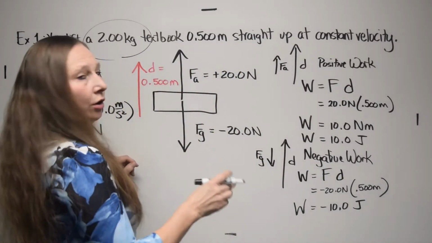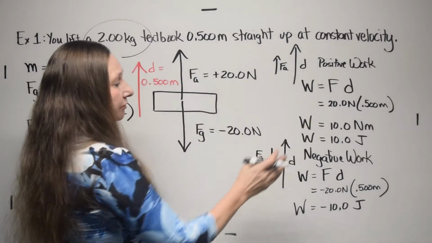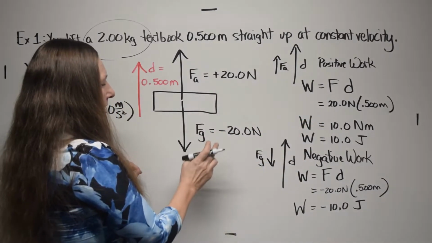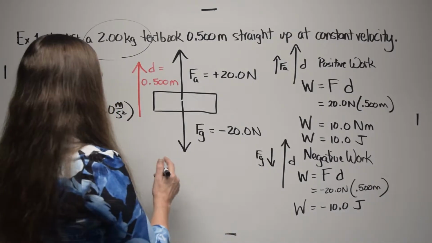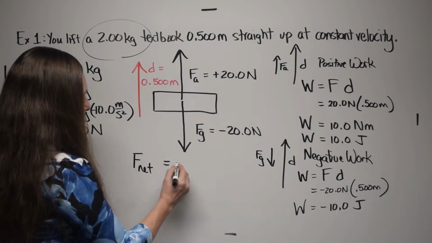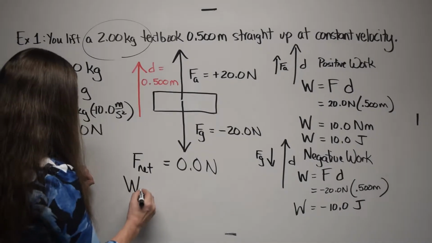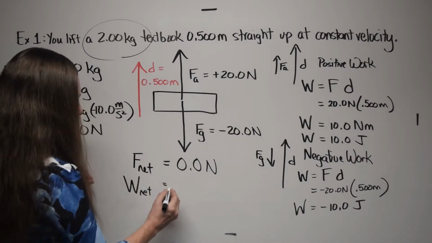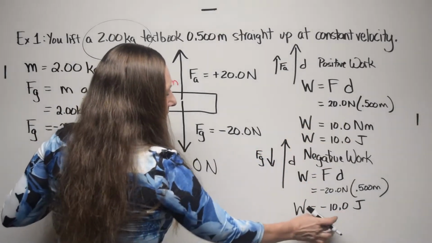All right, so the work done by the applied force was positive 10 joules. The work done by the gravitational force was negative 10 joules. Now, the net force is 0 newtons. All right, so ultimately, the net work is going to be positive 10 plus a negative 10.